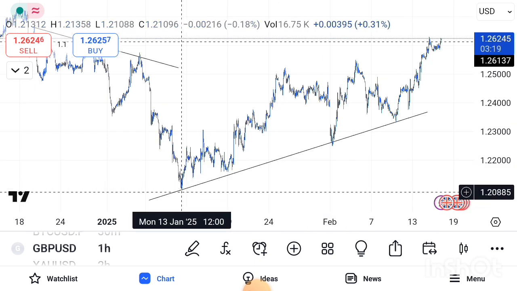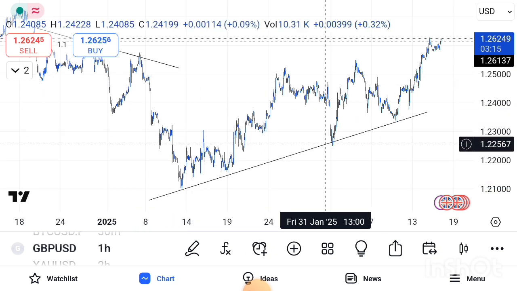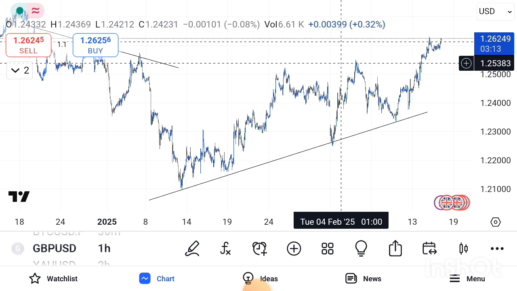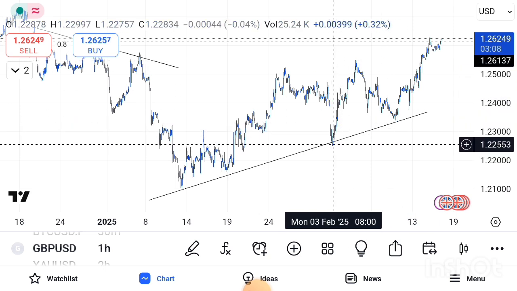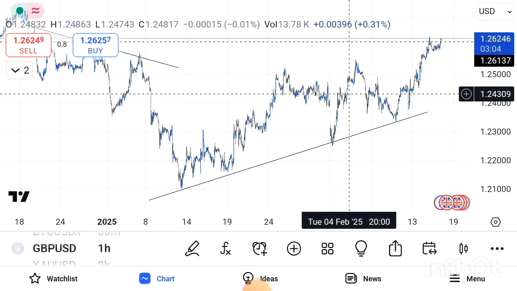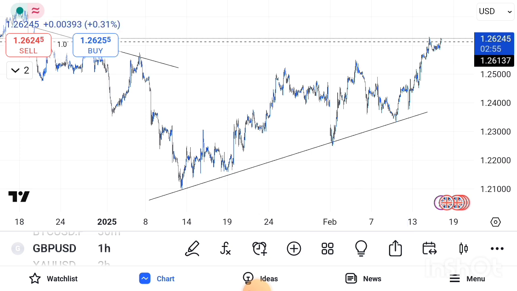Price starts here, keeps making higher highs and higher lows, comes here, touches this trend line the second time, touches it the third time, and you can see what happens when it touches it. There's a reaction. What is the reaction? It bounces off, and you can take advantage of this reaction by buying or selling, whatever scenario happens.